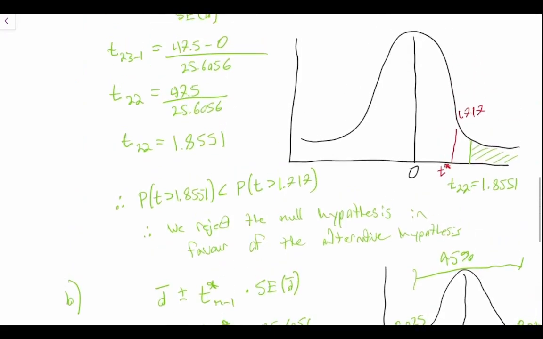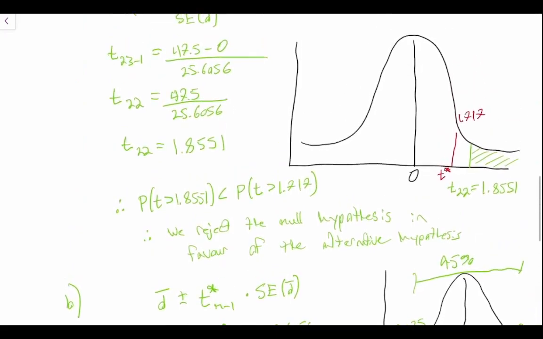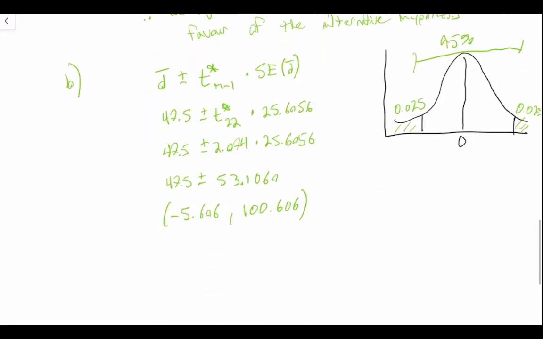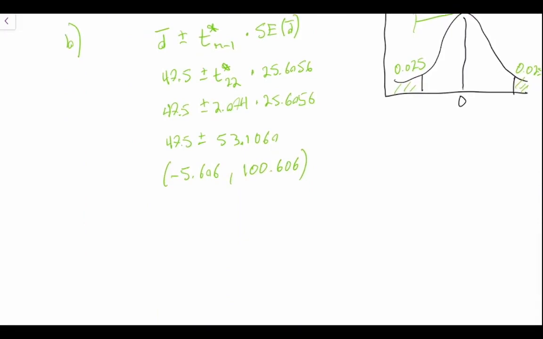Well, in A, we rejected the null hypothesis in favor of the alternative. And in B, our 95% confidence interval includes 0. So if we have our number line, and this is 0, we have observations then between negative 5.606 and 100.606, right?